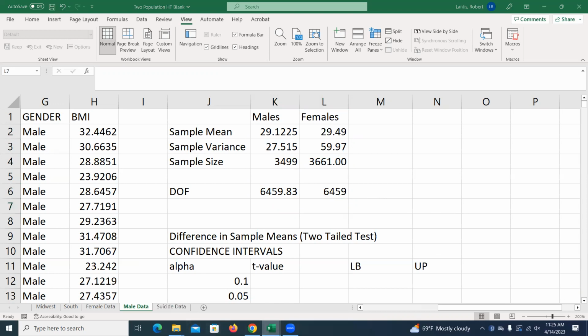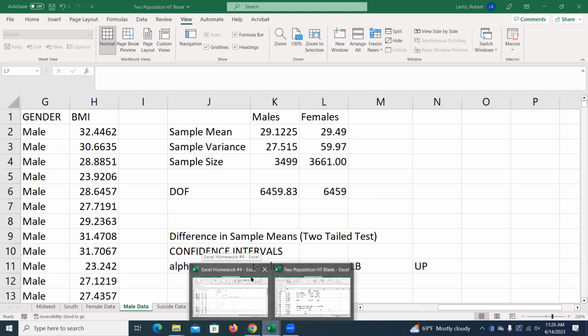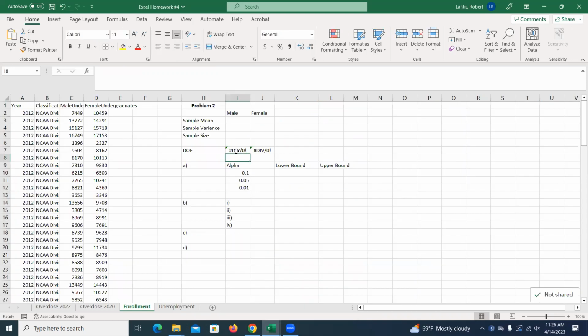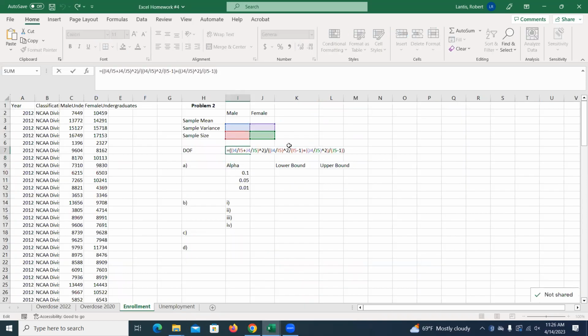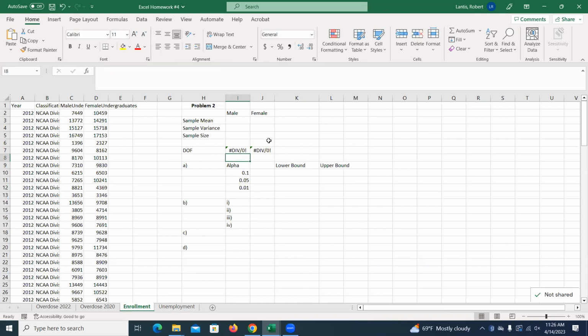So what I did in the Excel assignment is identical to what I just had here. I had the function already typed in. As long as you calculate your sample mean, sample variance, and sample size in the cells I indicated, this will automatically give you that degrees of freedom. I set this all up pretty nicely, right? I already got some of the scaffolding done.